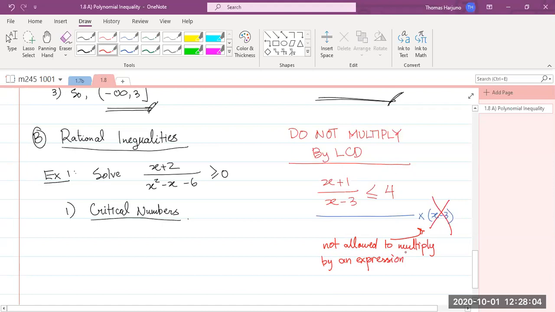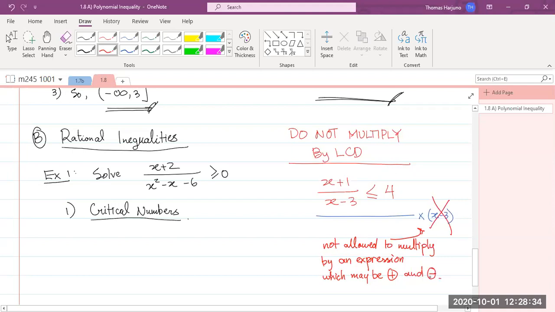If you multiply all by 3, that's okay, like if you multiply by a constant, that's okay. The problem with an expression is that an expression may be positive and also may be negative.